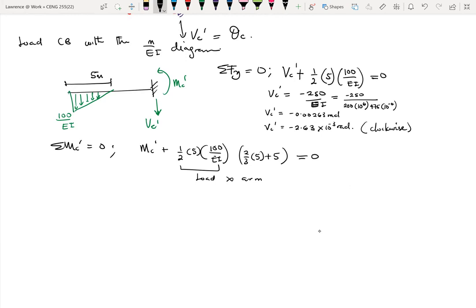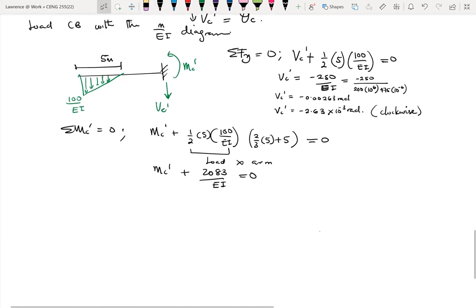So it means that MC prime plus, I think, 2083 over EI is equal to 0. Okay. So this indicates that our MC prime is equal to minus 2083 over EI.